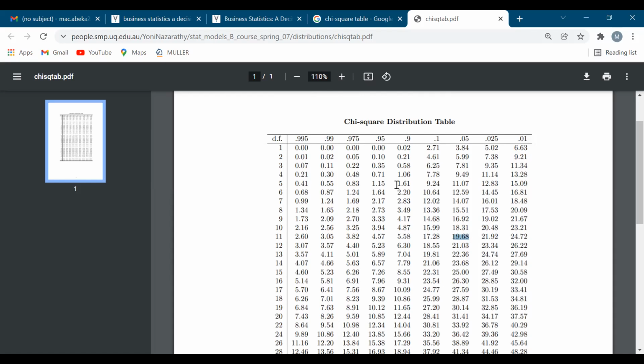Then the mirror on the left-hand side, 0.95 as against 11, is 4.57. So remember these two figures. The lower bound is 4.57. The upper bound is 19.68.